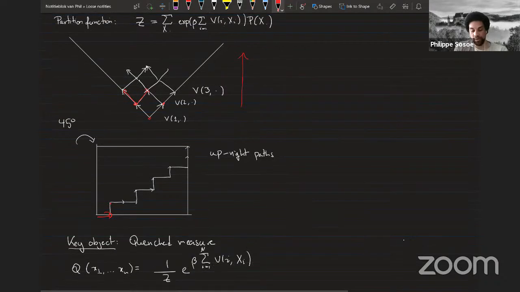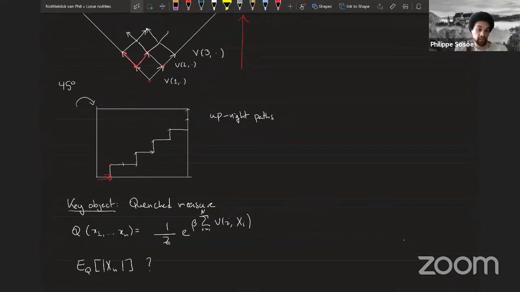So the key quantity of interest here from the very beginning, including in Hughes and Henley's original work, and also for high dimensional work, is what's the location of the path as a whole.